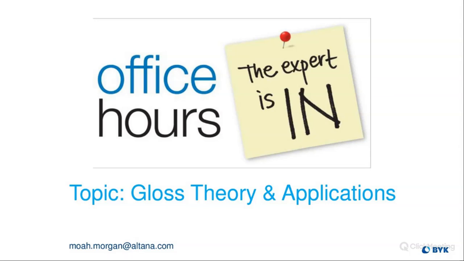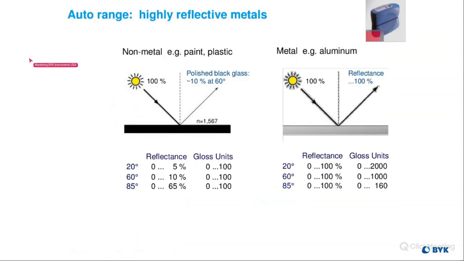Let's see. How does film build affect gloss readings? Yes. So film build, just like we spoke on before, you have refractive index. As you add these different layers in, depending on what that material is made out of, those different coatings are going to eventually have different refractive indexes.